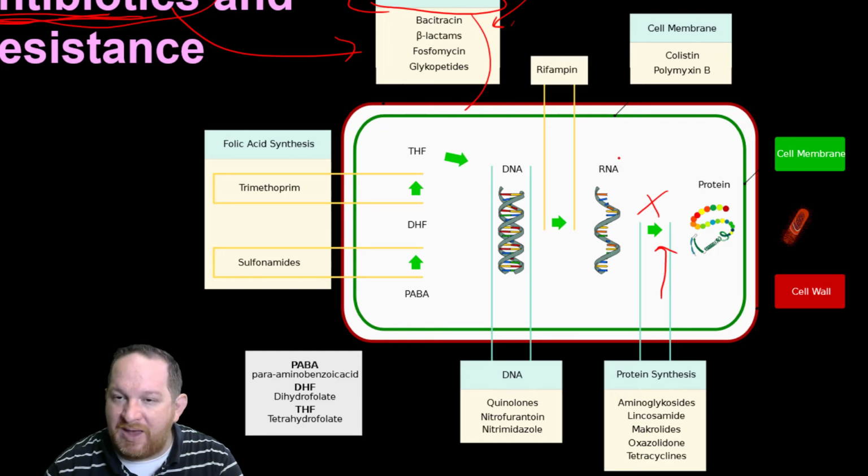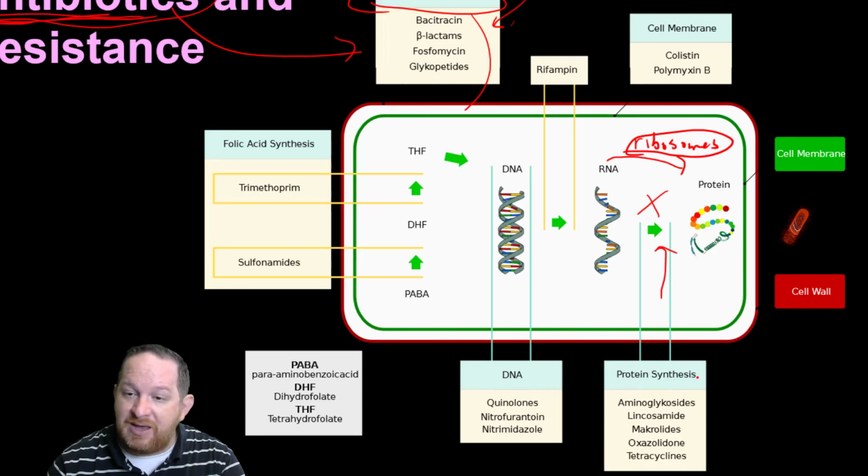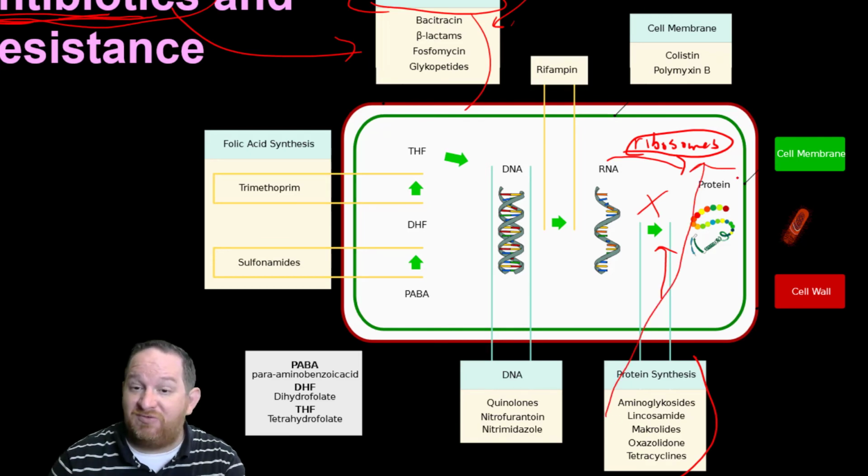And if you remember way back, when we go from RNA to protein, we use ribosomes. One of the interesting things about bacterial ribosomes is that they're a different size. So we can manufacture drugs that affect their ribosomes but don't affect our ribosomes.